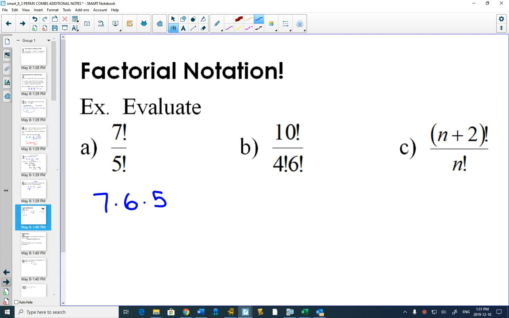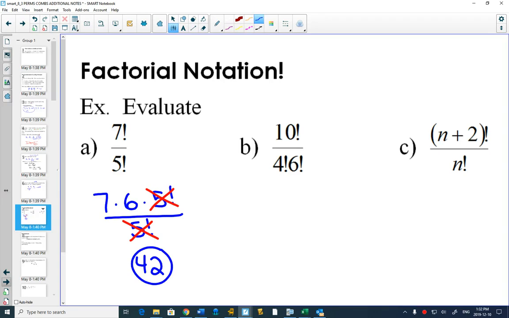I mean, 7 factorial would go all the way down to 1, but as soon as I get to 5, I'm going to stop at 5 because I have a 5 factorial on the bottom. Those would cancel out. Just left with 7 times 6. And you can do that without a calculator. Much better than going 7 factorial is 5,040 divided by 120. That must be 42. Not a good choice.